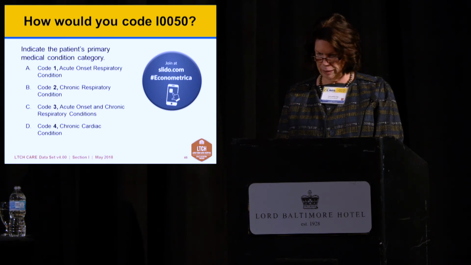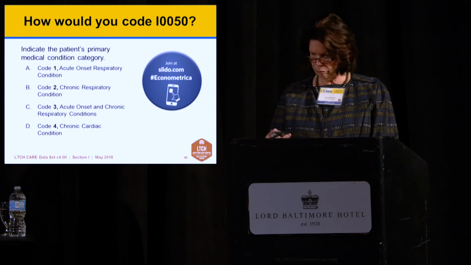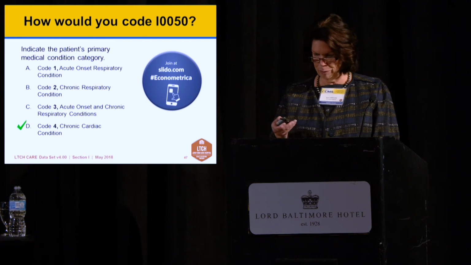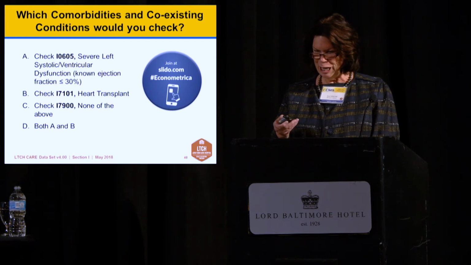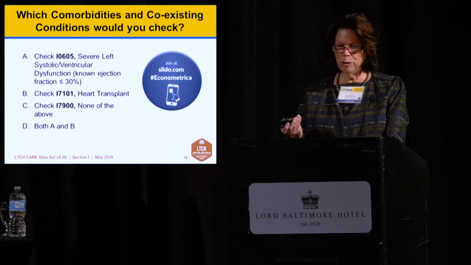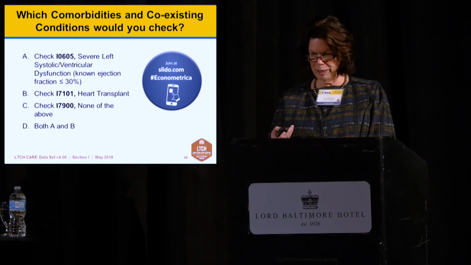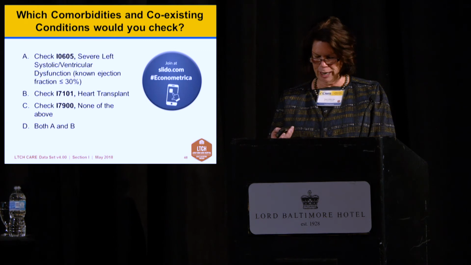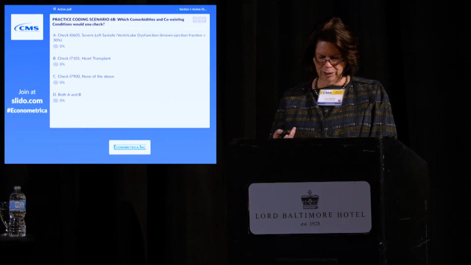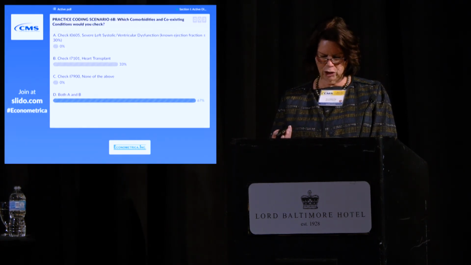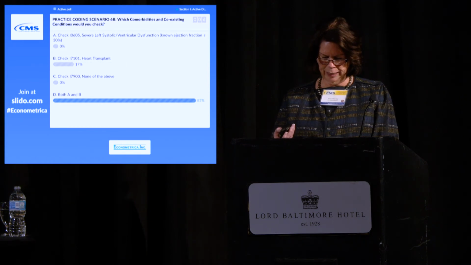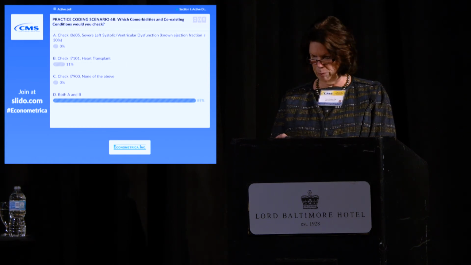So it would be D, chronic cardiac condition. I'm running out of time, so I'm moving fast. So in this scenario, which conditions and comorbidities and coexisting conditions would you check? A, severe left systolic ventricular dysfunction, B, heart transplant, C, none of the above, or D, both A and B.